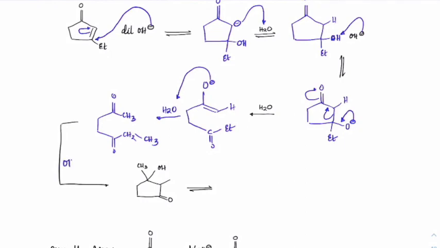So in the presence of OH minus, this CH2 can attack here because that can give a 5-membered ring. Okay, that is the alpha carbon which can give a 5-membered ring. So that 5-membered ring will convert into this. Check that carefully, right? And that will be giving out this double bond.